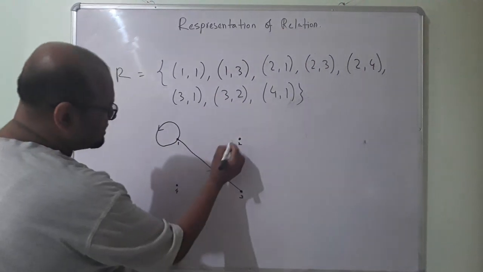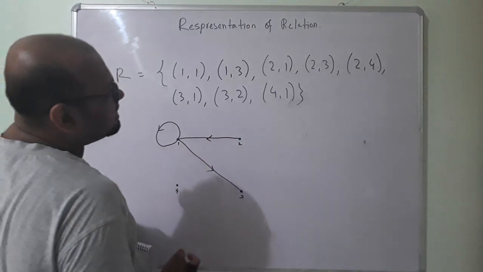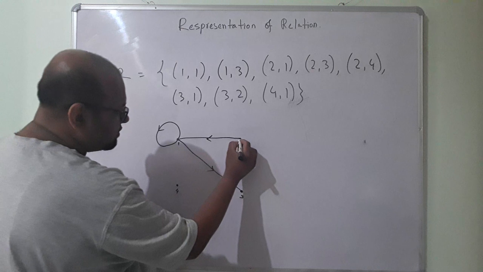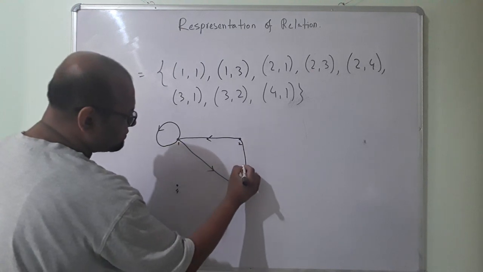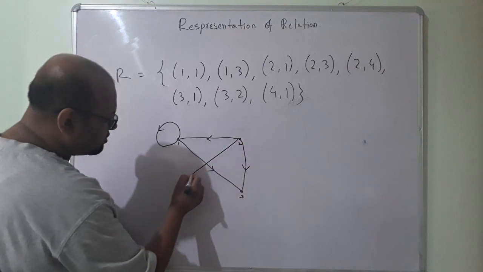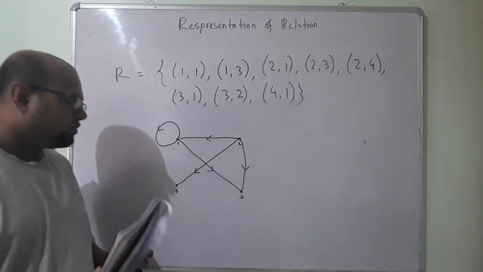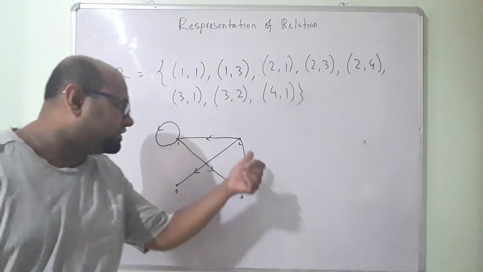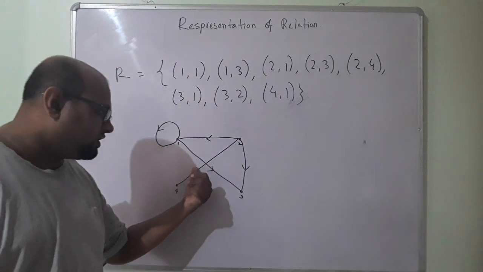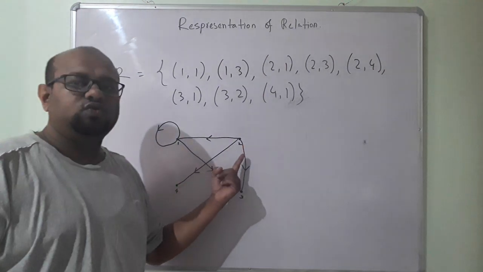Then 2 1 is here. Okay, so I can draw like this. Then 2 3 is here, so I will draw this. Then 2 4 is here, so I will draw this. And of course I have to give direction to edges, because if I don't give direction, then I will not know whether 2 4 is here or 4 2 is here.